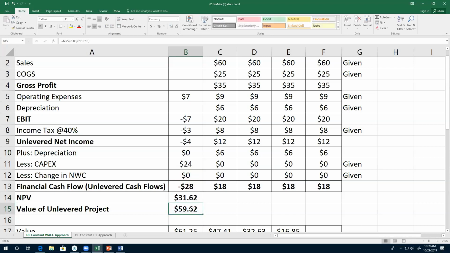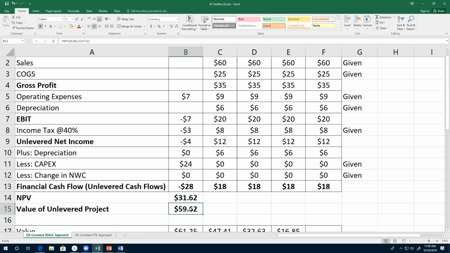Now, of course, you don't get the same answer. In fact, this shows that the project is a little bit less valuable. Previously you had 33.64, but now you have 31.62. So the project is less valuable if you did not fund it with any debt at all, and it makes sense because debt offers interest tax shields.